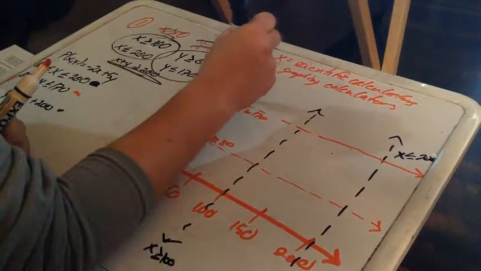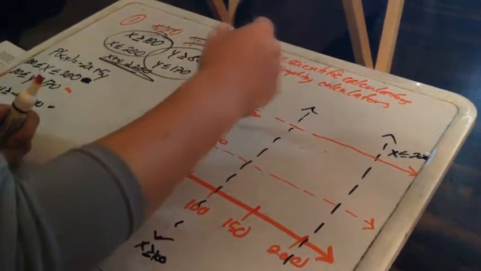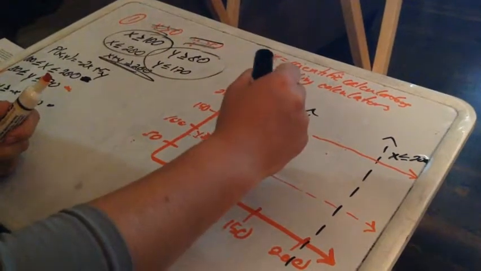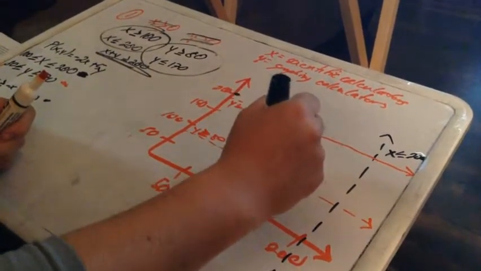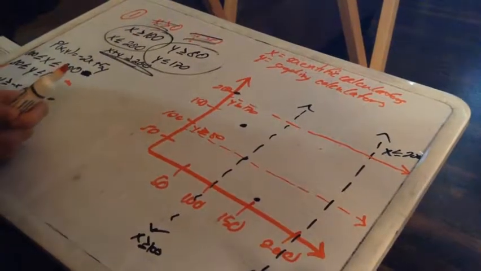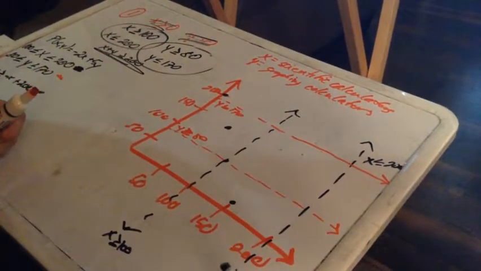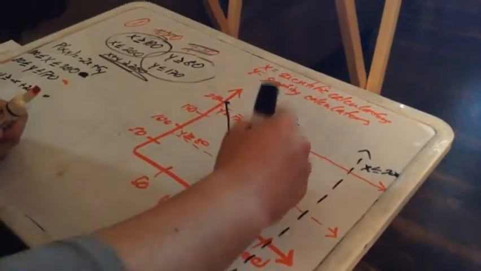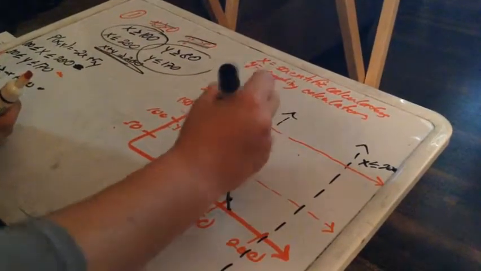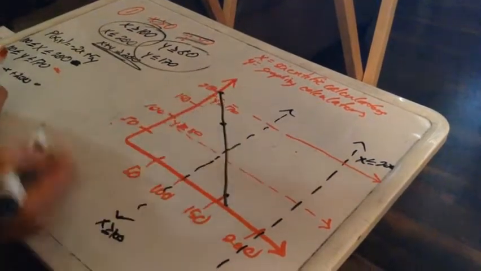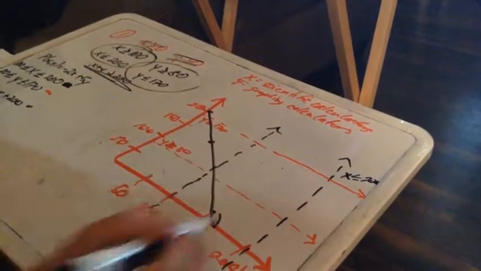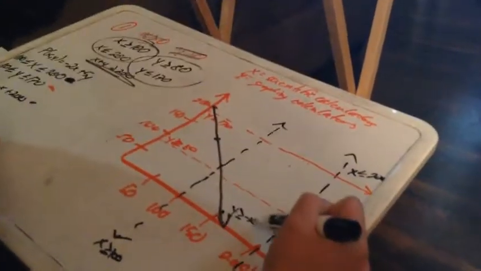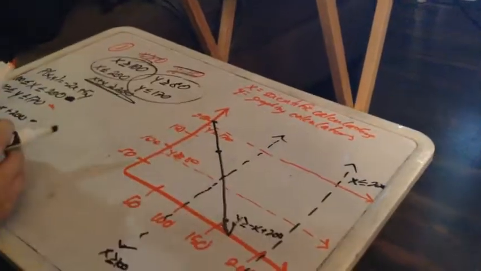So start at the 200 mark and go down. It's going to look like that, which is y is greater than negative x plus 200.